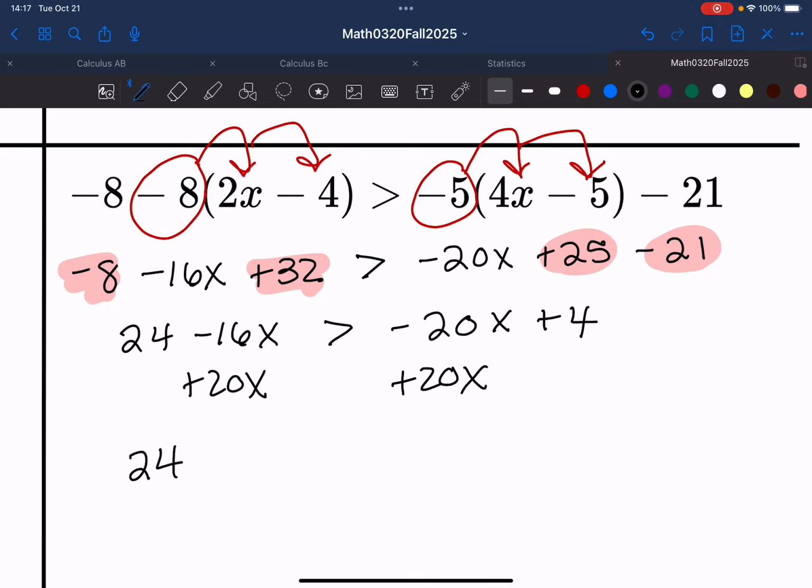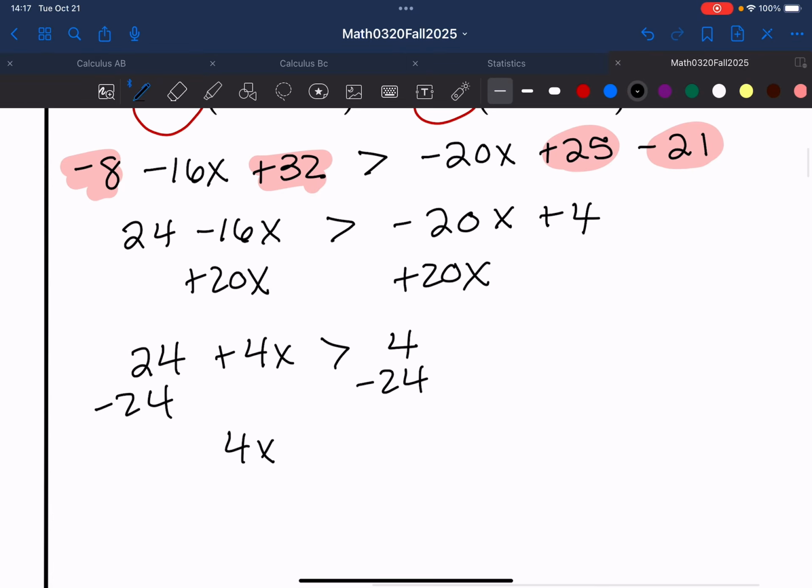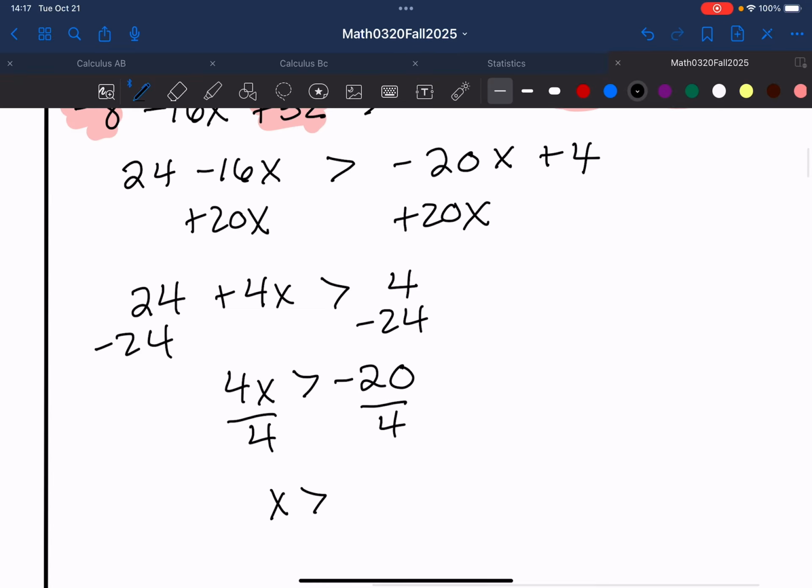I get 24 plus 4x is greater than 4. Subtract 24 from both sides, and I get 4x is greater than negative 20. Divide by 4, and I get x is greater than negative 5. Again, notice I never multiplied or divided by a negative, so my sign stayed the same.